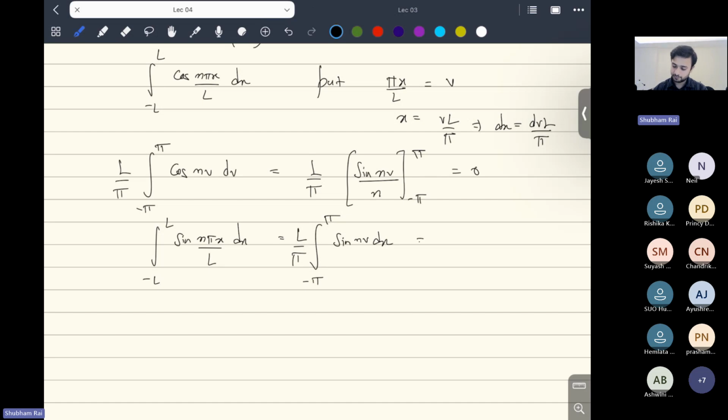So finally if you integrate, you'll get L by pi, and the integration of sine nV is minus cosine nV divided by n, and you have to evaluate at minus pi and pi.